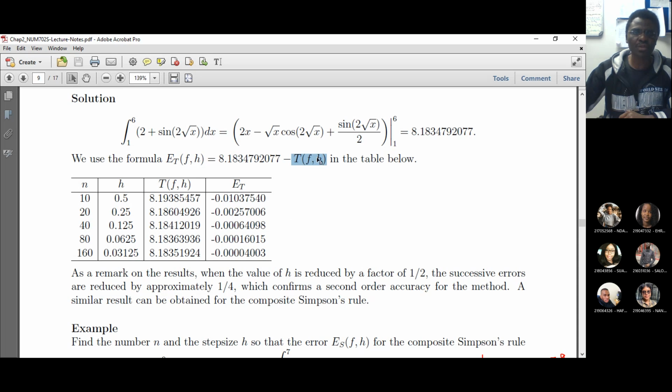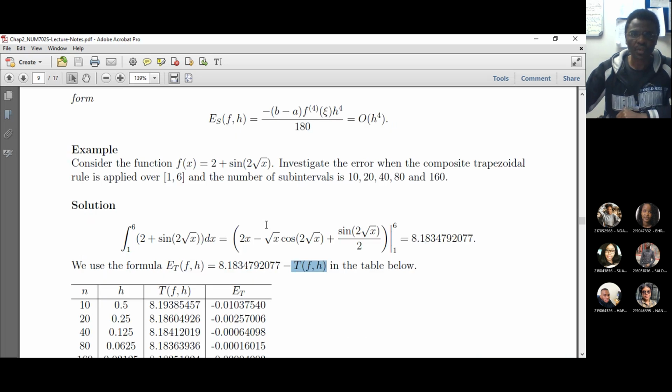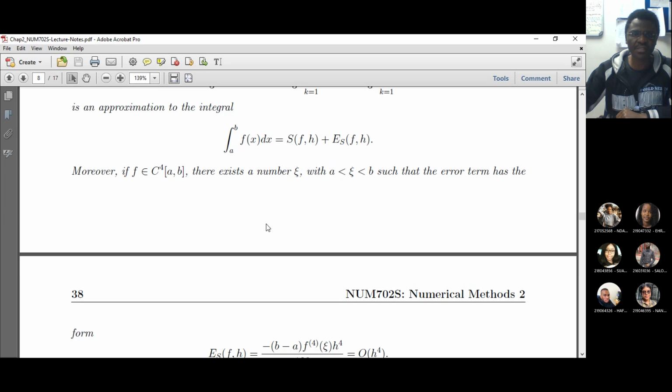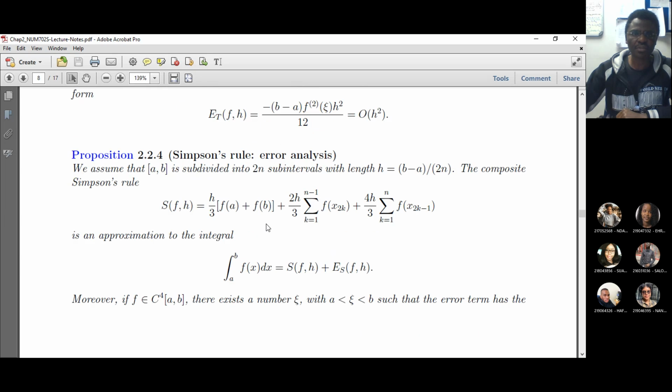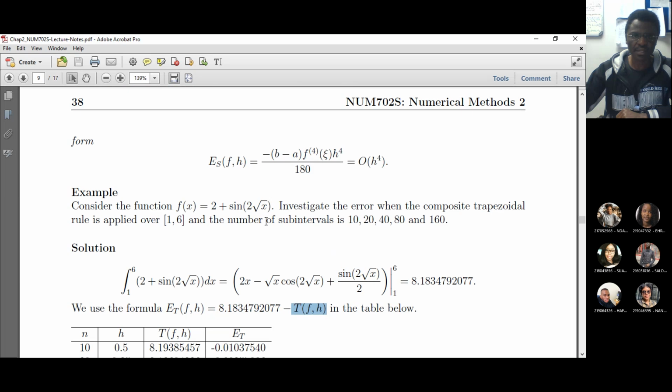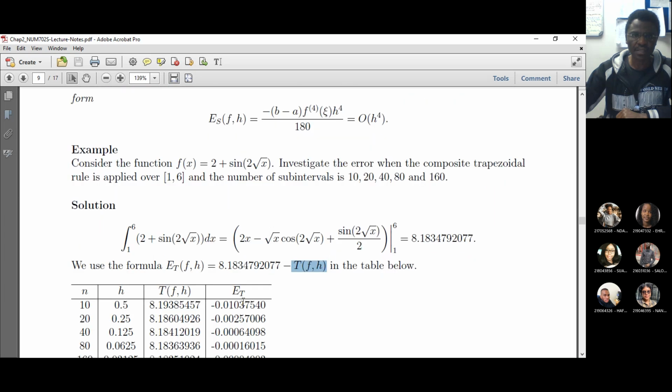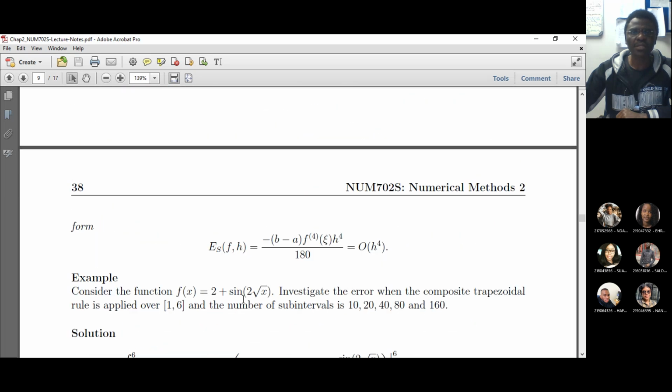Since we know the rule, the trapezoidal rule, this is a case that we know. So we apply it and we compare our result with this second order accuracy of the trapezoidal rule. Now this is T, trapezoidal.